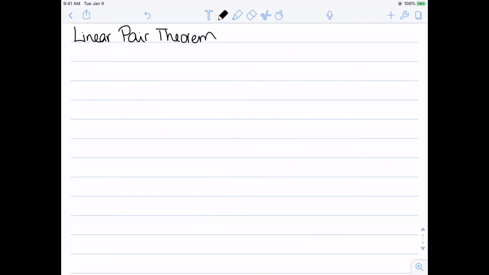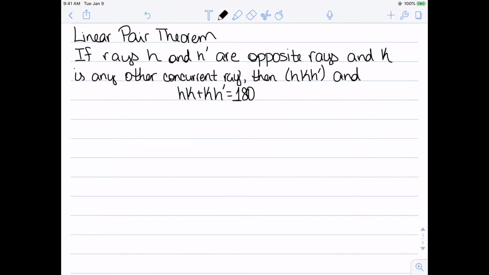Next, we'll look at something called the linear pair theorem. The linear pair theorem says if I have two rays, H and H prime, that are opposite, and K is any other ray concurrent with H and H prime, then I have the betweenness relation H, K, H prime, and angle HK plus angle KH prime is equal to 180.